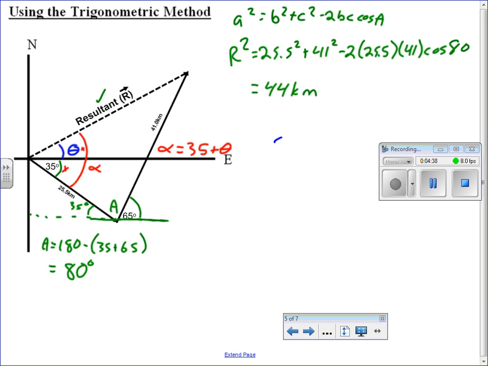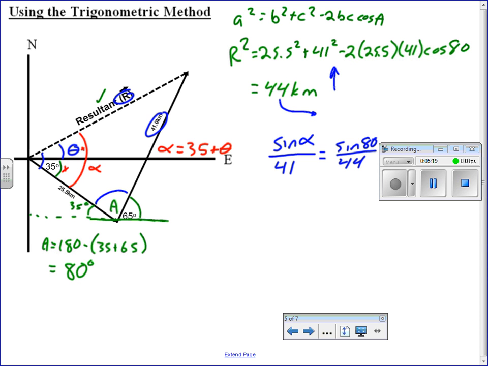We know that the sine of alpha, this angle here, divided by 41 kilometers, is going to be equal to sine of the one angle we know, A, which is equal to 80, over its opposite, which is the resultant, that 44 kilometers. Now, I'm writing 44 kilometers, but you should keep the value in your calculator that you got when you solved this equation up here.